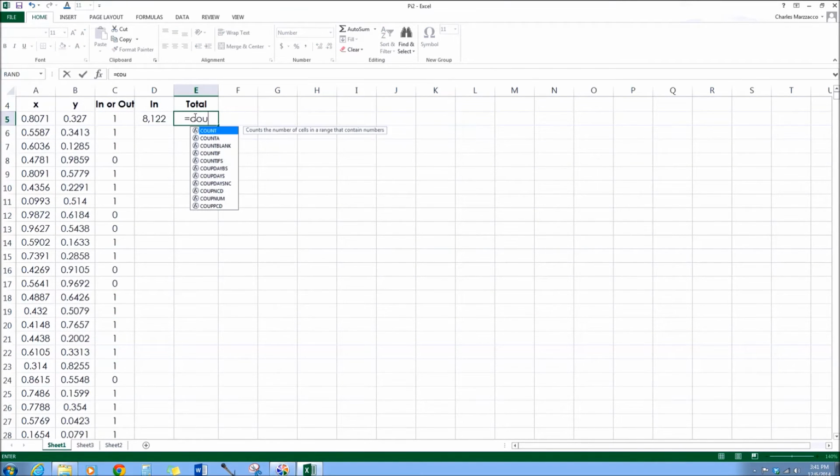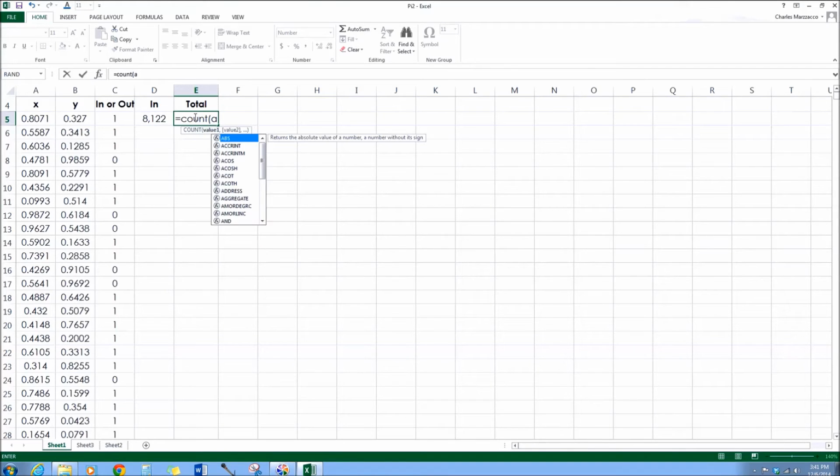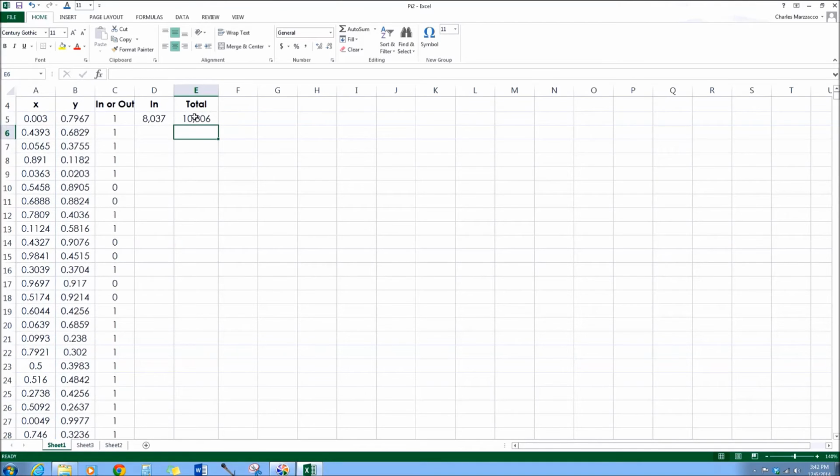Equals count, A5 to A10310. Yeah, 10,310. Okay, so yeah, it's 10,306.